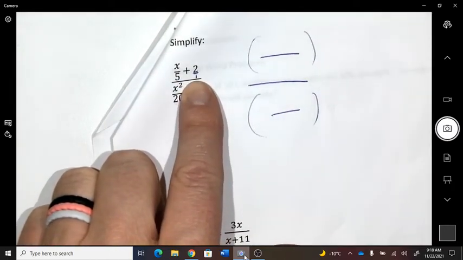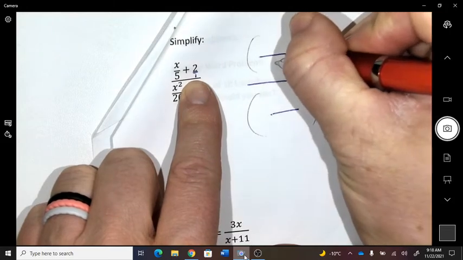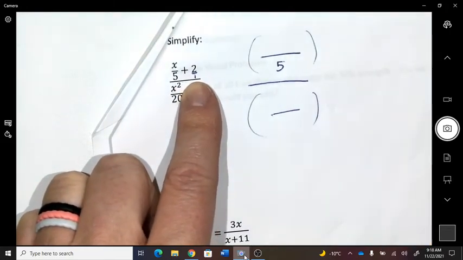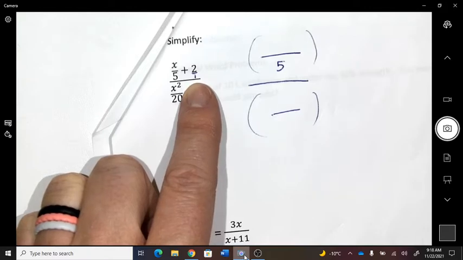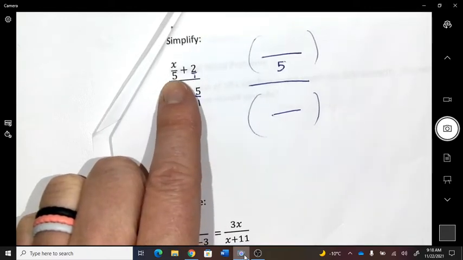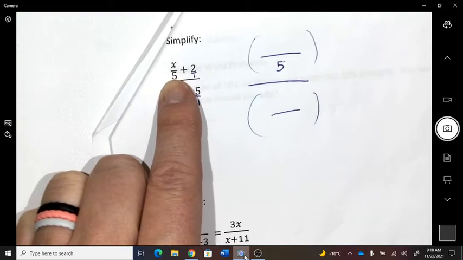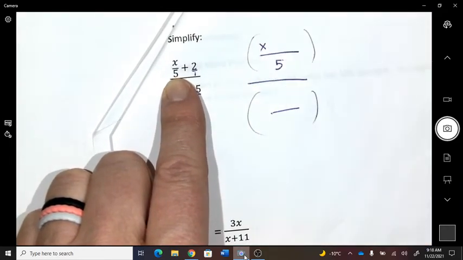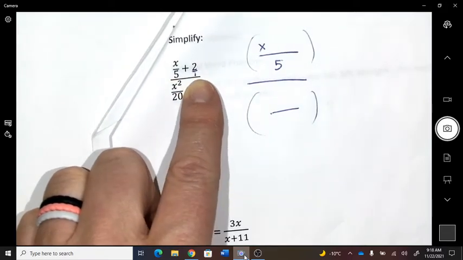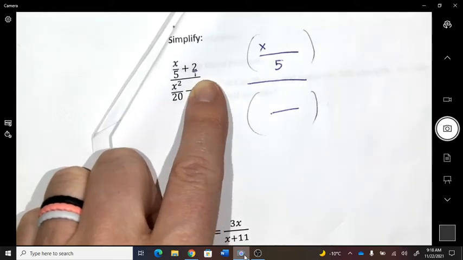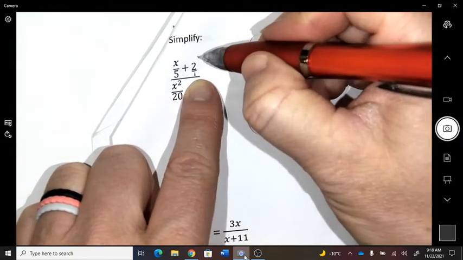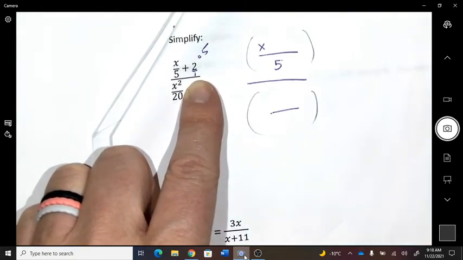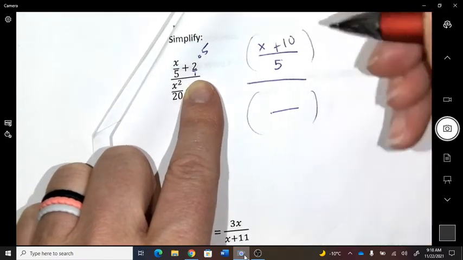What's the bottom that's common? I'm going to need a 5. Okay, so if I have a bottom of 5, x, what happens to it? Nothing. Here the bottom was 1. So what do I have to do? I have to multiply by 5. So plus 10.